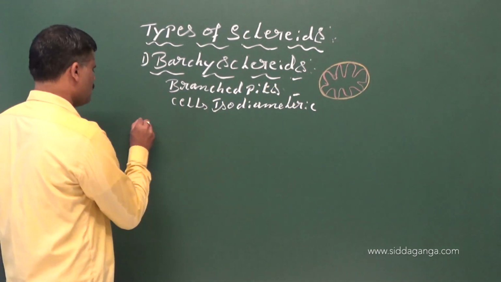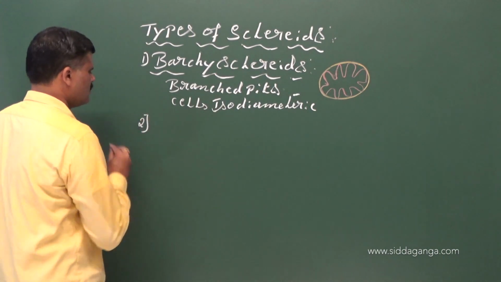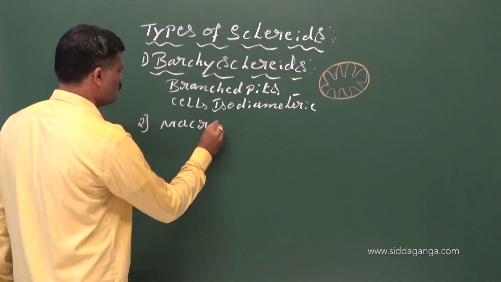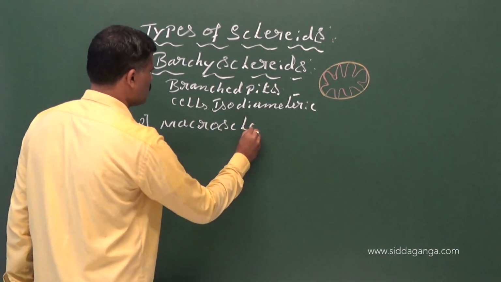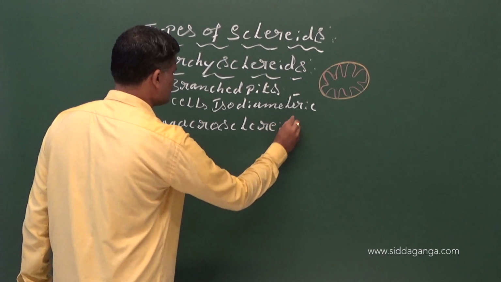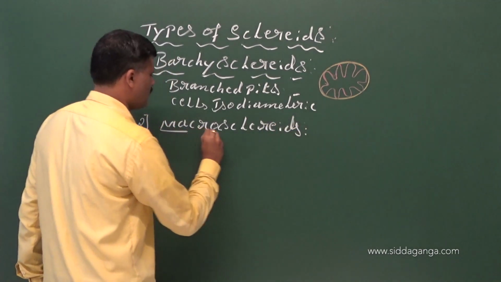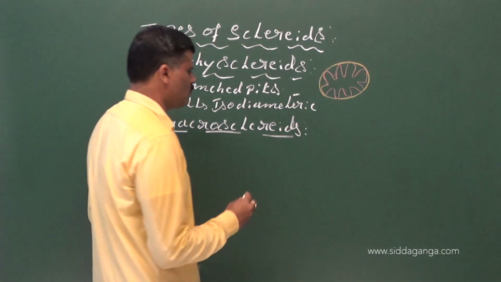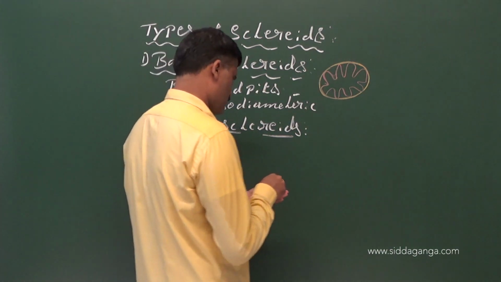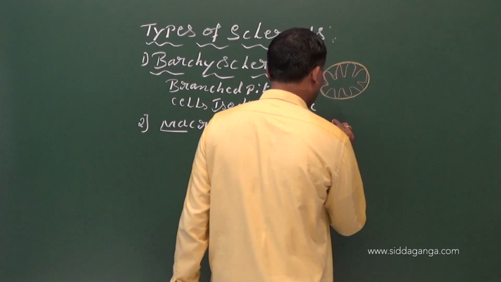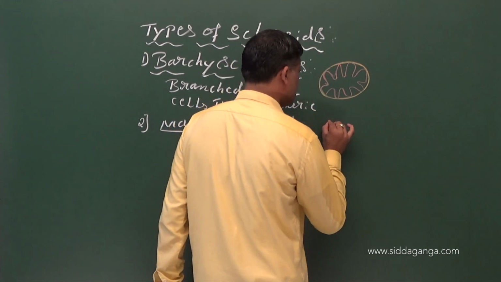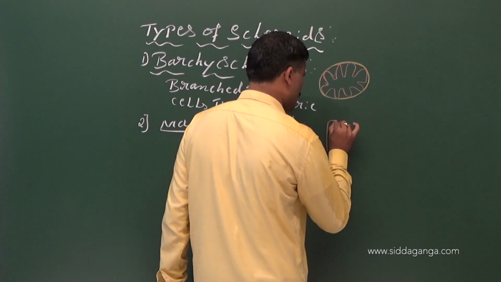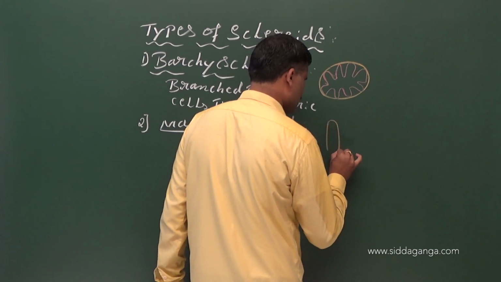Next type of sclerites is Macrosclerites. In Macrosclerites, the shape is somewhat pillar shaped.